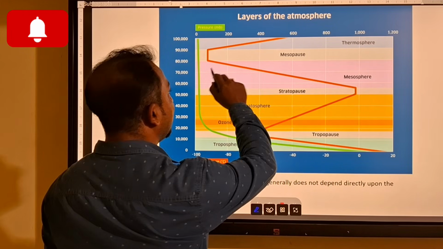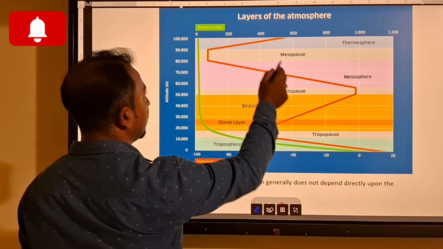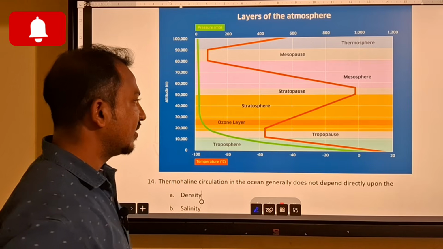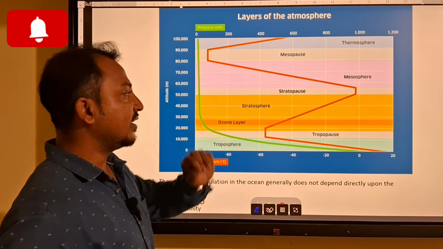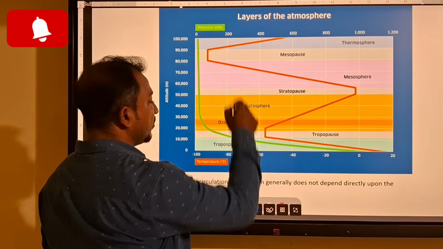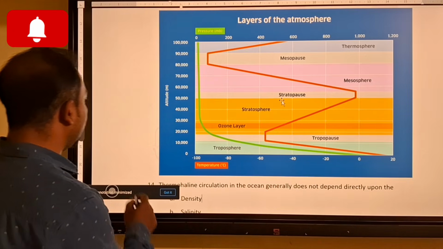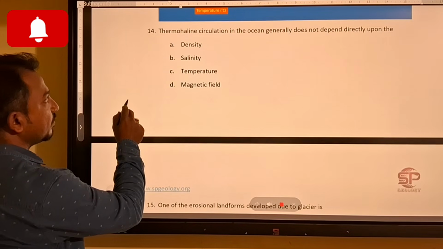Then temperature decreases again, and between the mesosphere and thermosphere there is constant temperature, called the mesopause. Then in the thermosphere, temperature increases again. So first it decreases, then increases, then decreases, then increases. So these are the different layers. It is very helpful for the CUET entrance, because some questions come from the atmospheric part.